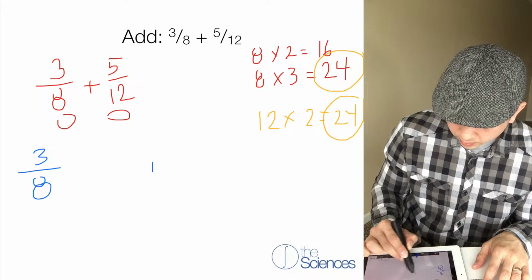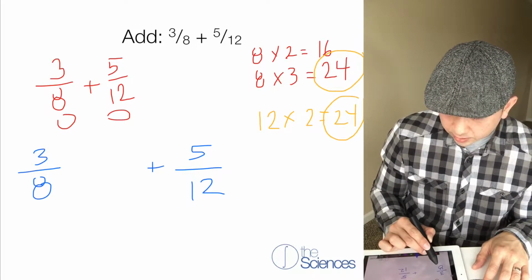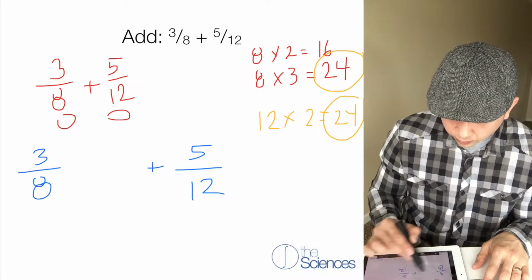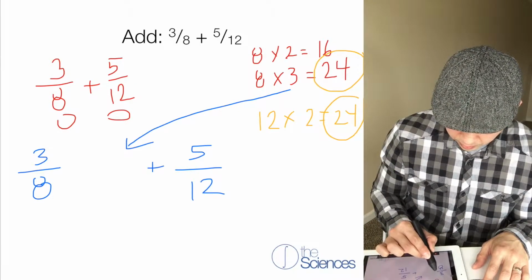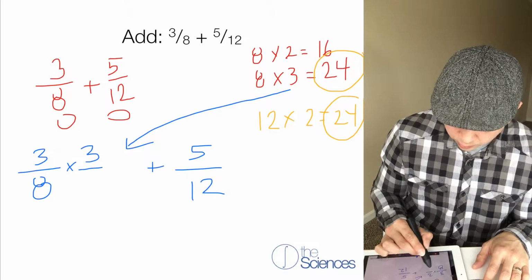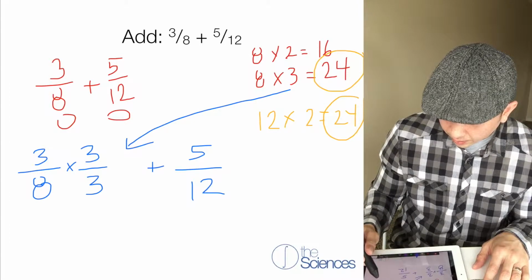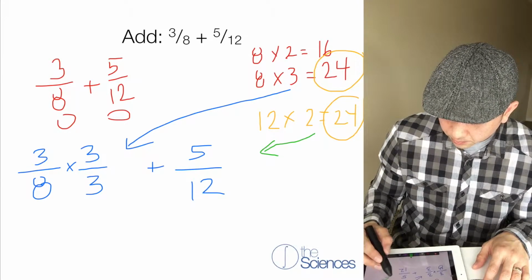So now we're going to take 3/8 and our 5/12. All we're going to do now is multiply by the factor to get 24. So in this case, our factor was 3. So we're going to multiply times 3 to the numerator and 3 to the denominator. And here, to get 24, we multiplied by 2.